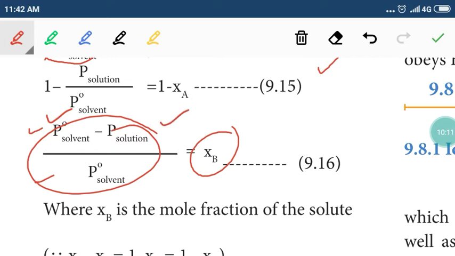So solution minus solvent means what? Remaining solute. Okay, left hand side we have lowering of vapor pressure. Vapor pressure of solvent minus vapor pressure of solution means remaining solute. So left hand side is vapor pressure of solute. The mole fraction is on the product side, and this term is also moved to the right hand side.